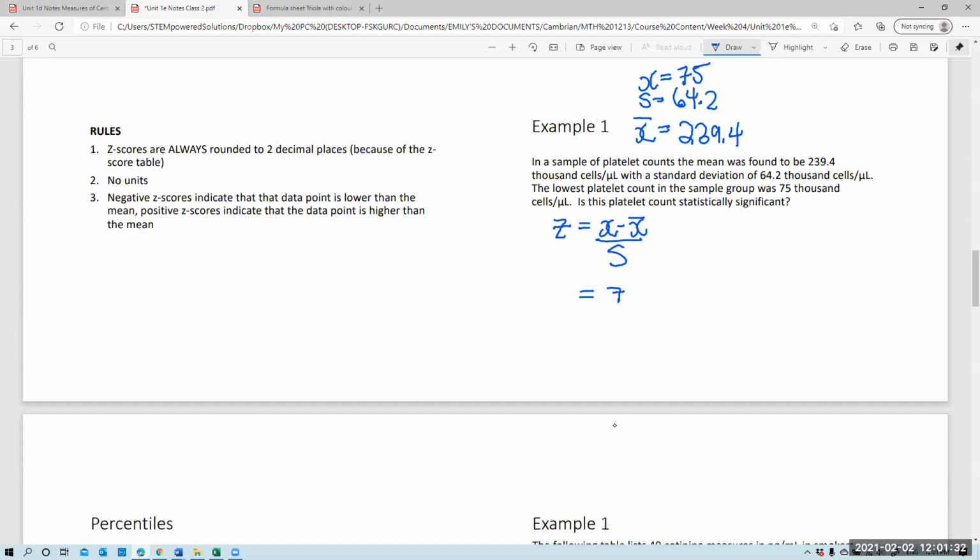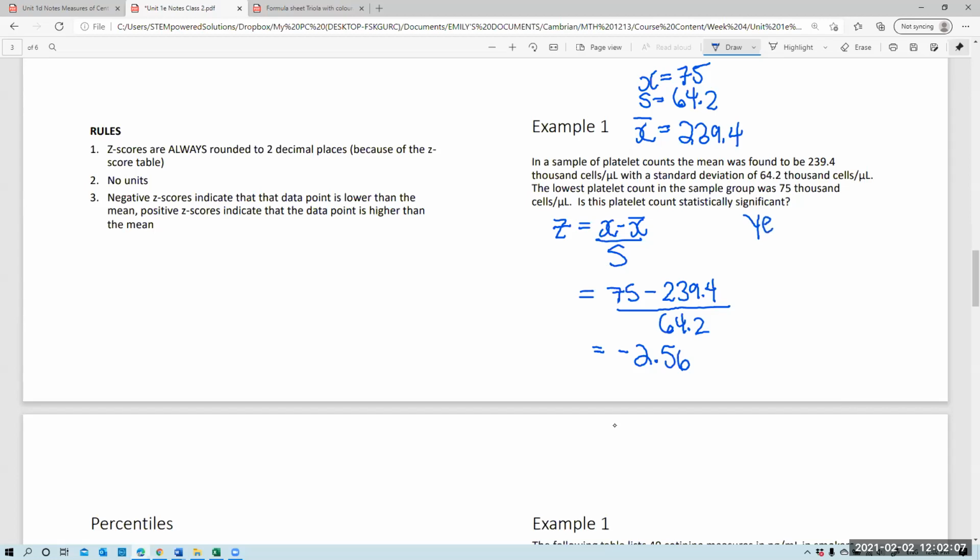So this is equal to 75 minus 239.4 over S, which is 64.2. So 75 minus 239.4 is negative 164.4. Divided by 64.2 equals negative 2.56.